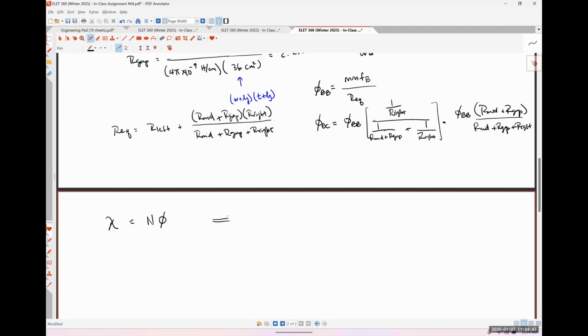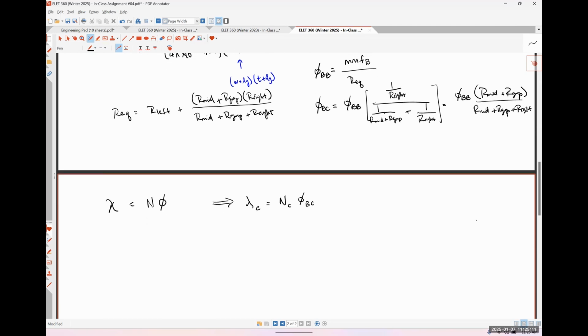So the flux linkage through coil C would be the number of turns in coil C multiplied by the flux flowing through coil C. And our mutual inductance is simply our flux linkage divided by our current.